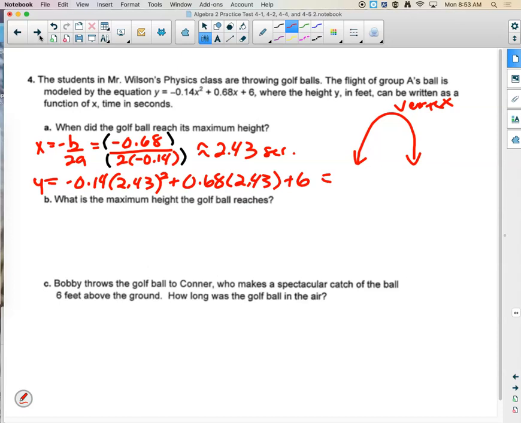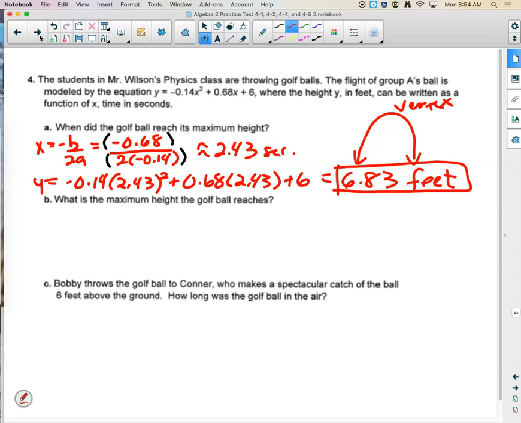Negative 0.14 parentheses 2.43 parentheses squared plus 0.68 parentheses 2.43 parentheses plus 6. Whew! 6.83. What was the label for height? Feet. So I'd probably put a box around that.